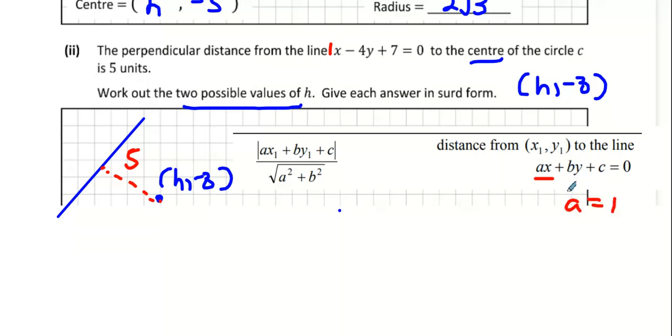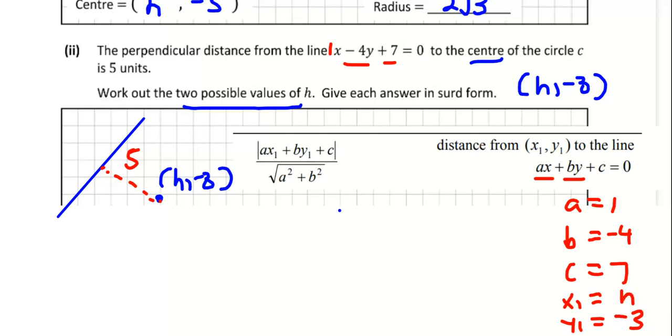It says by, but we have minus 4y. So what does that mean about b? Minus 4. Okay, now what's the c value? 7. What's my x1, y1 value? H and minus 3. And this is a 15 marker, lads.